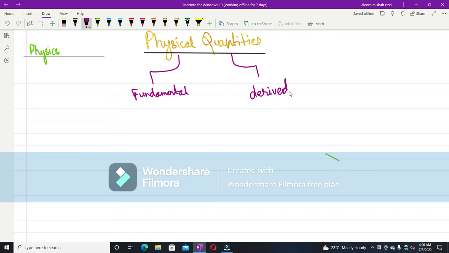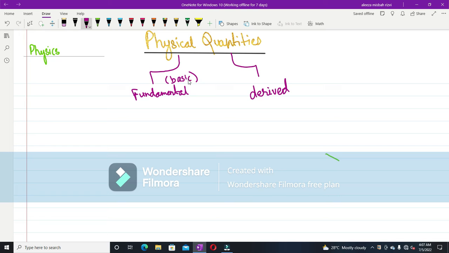The derived ones are made up of, they consist of, the fundamental ones, but the difference is fundamental quantities are pure. They are only singular, they are only one. But derived quantities are the product or the ratio of two basic, or fundamental, quantities. I'm writing basic in brackets, we can also call it basic. Okay, so this is what it is.